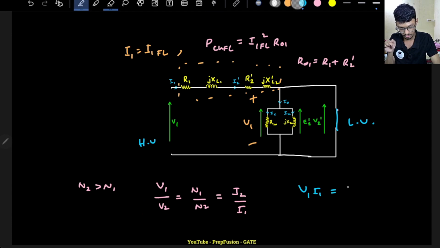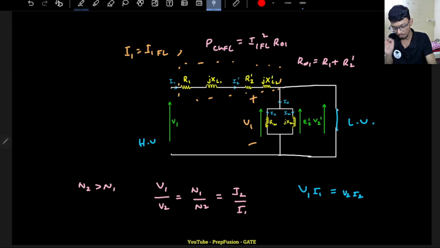KVA V1 I1 will be equal to V2 I2. So if my sole purpose is to pass the rated current, and if I do this test on the LV winding, I will have to pass more current.